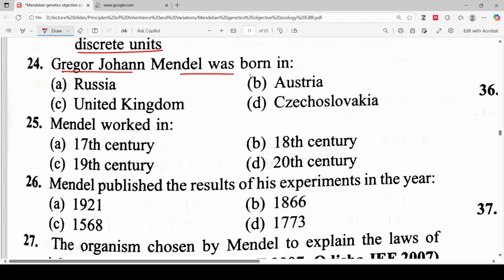Gregor Johann Mendel was born in Austria. So next question, Mendel worked in the 19th century.